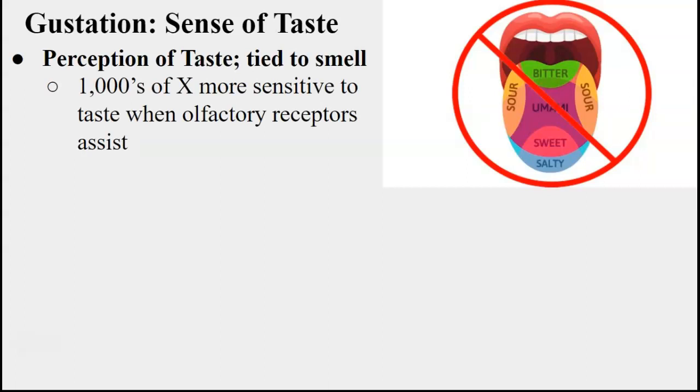The perception of our taste is tied directly to olfaction, our olfactory senses. In fact, you're able to distinguish taste with thousands of times more sensitivity when your olfactory receptors are assisting. So if you plug your nose and try to taste something, it's not going to be nearly as effective for distinguishing taste.